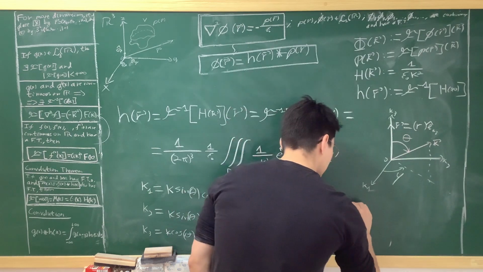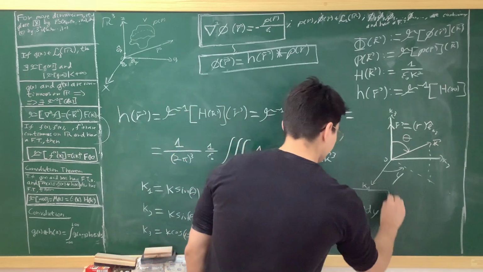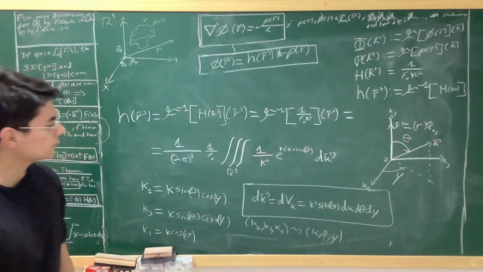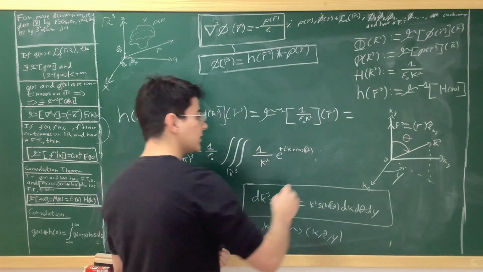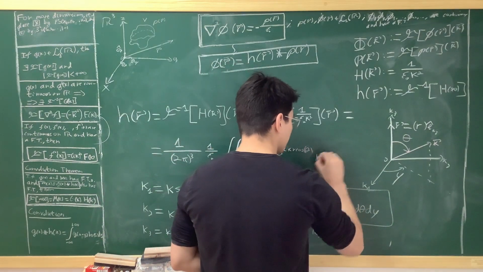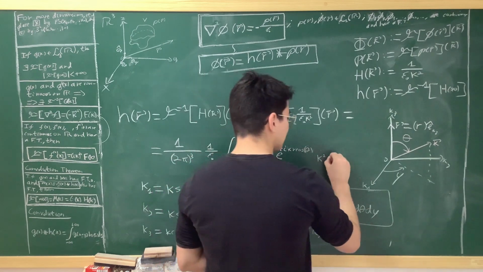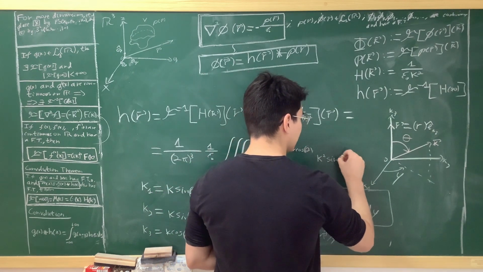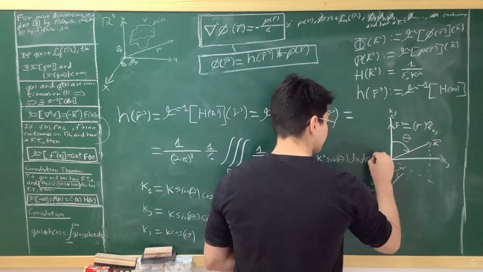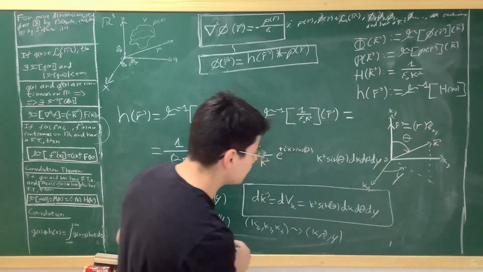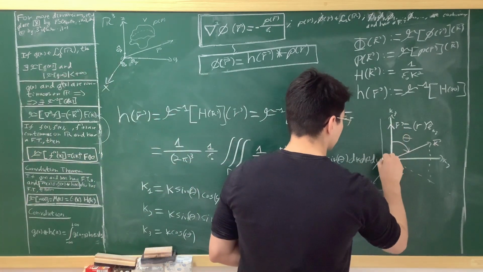So we have dk, d theta, and d phi. Replacing this right here, we get k squared sine of theta dk d theta d phi. I'm running out of space, so just bear with me for a minute.